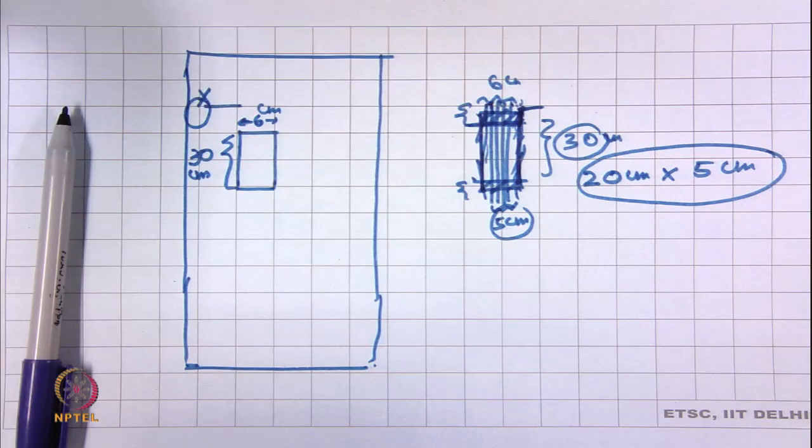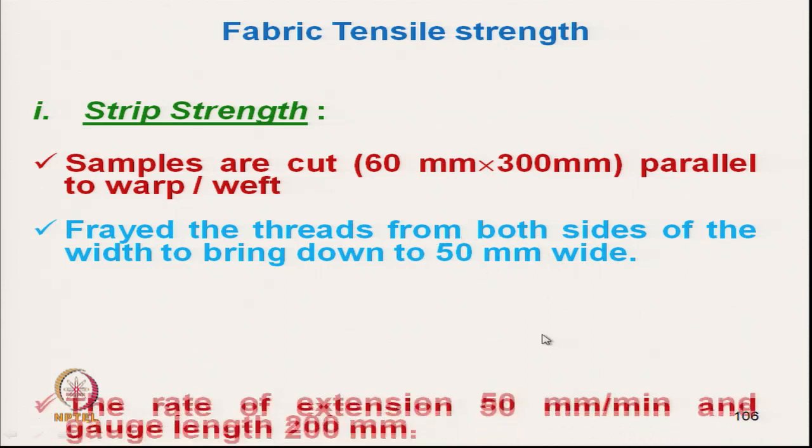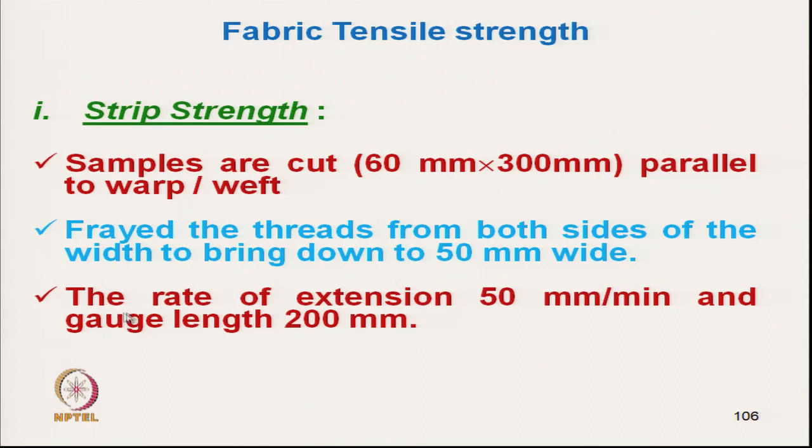Okay. So, fraying the threads from both sides to bring down the effective width to 50 millimeter. Okay. So, 5 centimeter, and rate of extension is 50 millimeter per minute, and the gauge length is 20 centimeter.